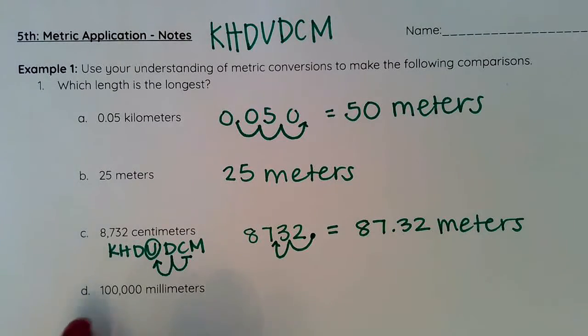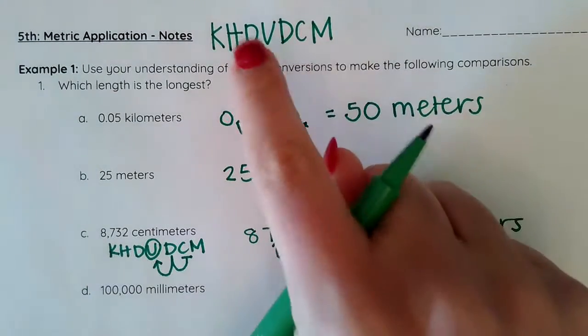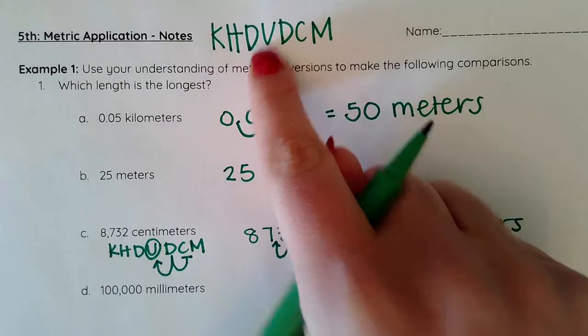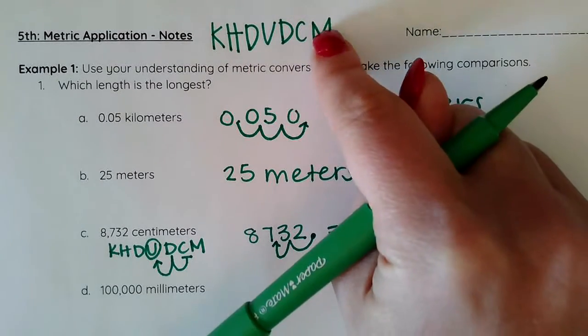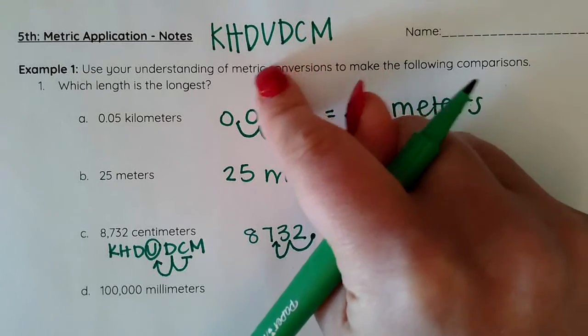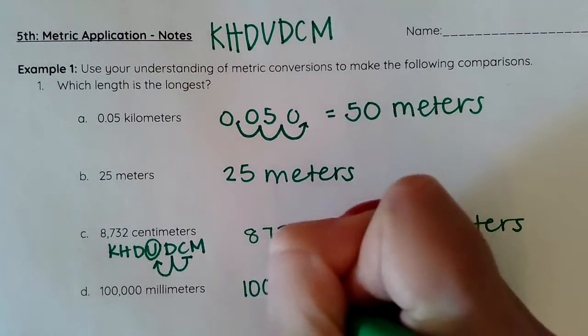And then lastly, we've got our 100,000 millimeters. So I'm moving from millimeters to my base unit of meters. I'm going to move my decimal to the left to get there. 1, 2, 3 times. So I've got 100,000.